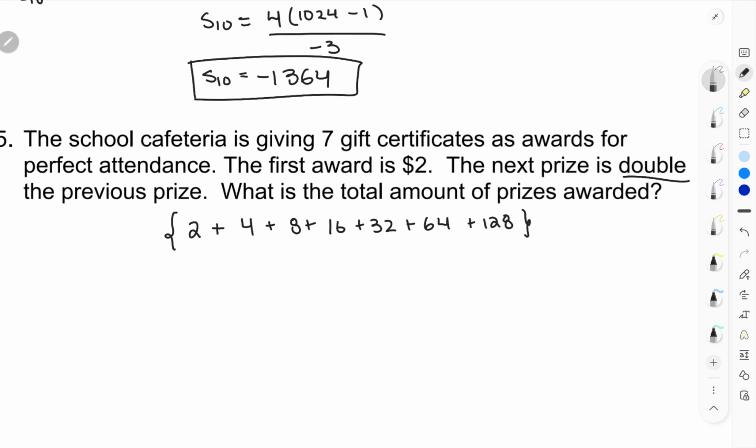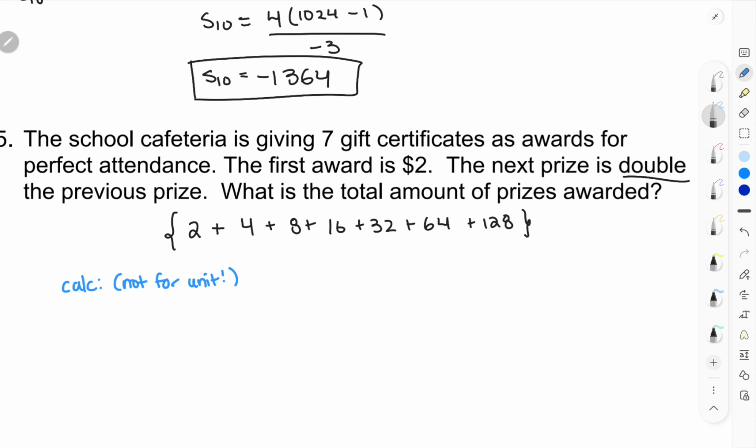So the cafeteria wants to know how much money they are giving away. What's the total value of all 7 of these prizes? So what is the sum of all of these terms? Well, math tells me I could add them up, which is not good for this unit.